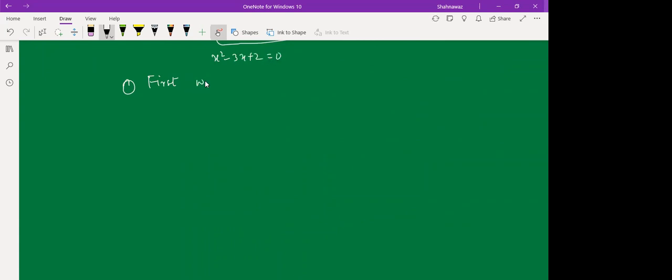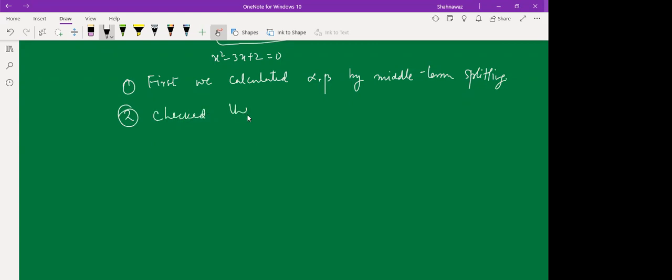First we calculated alpha and beta by middle term splitting. And then we checked the zeros.